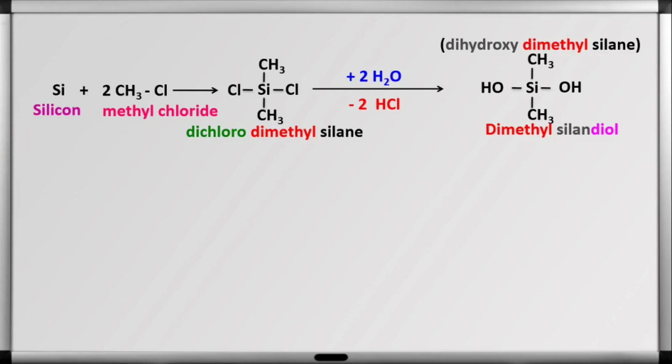Now in the next step, the 2 moles of dihydroxydimethylsilane react together and there is a formation of silicones.